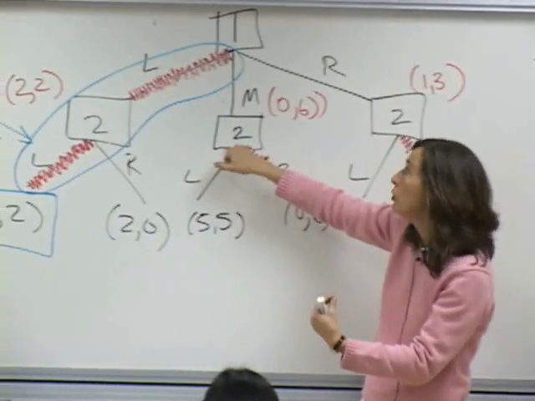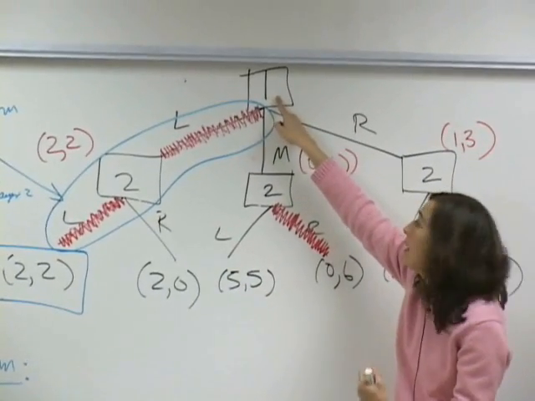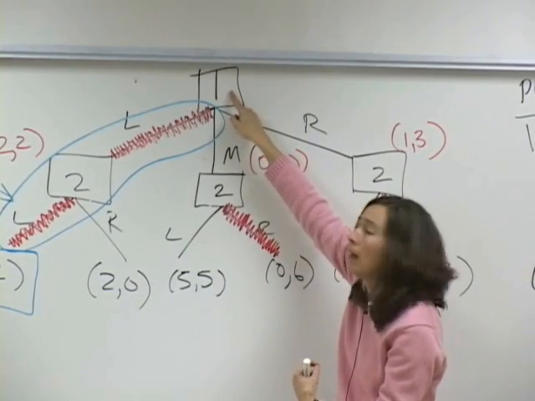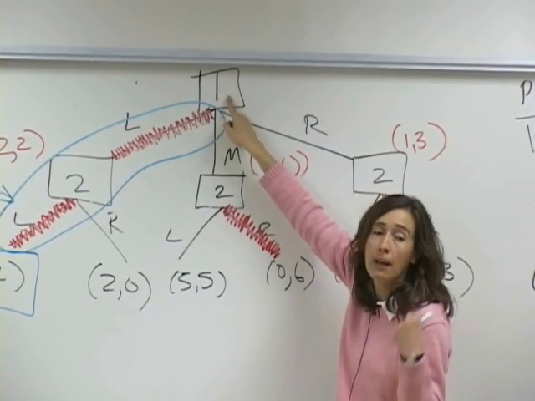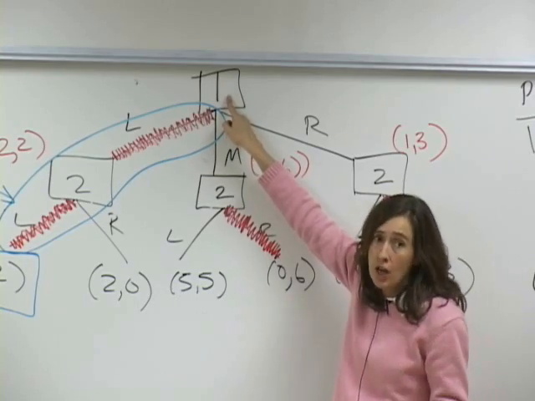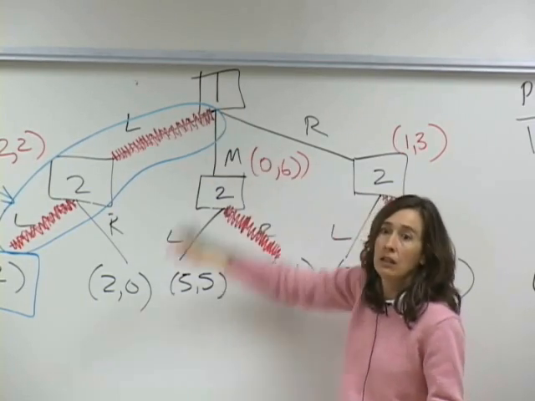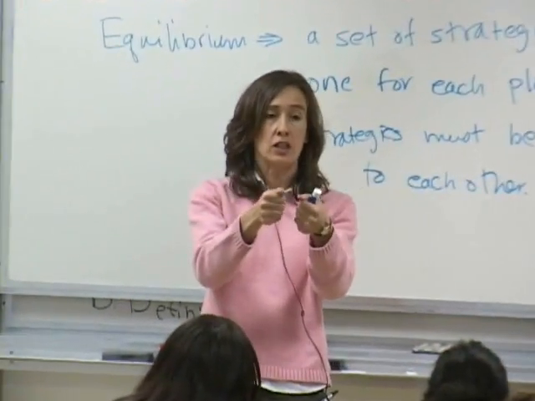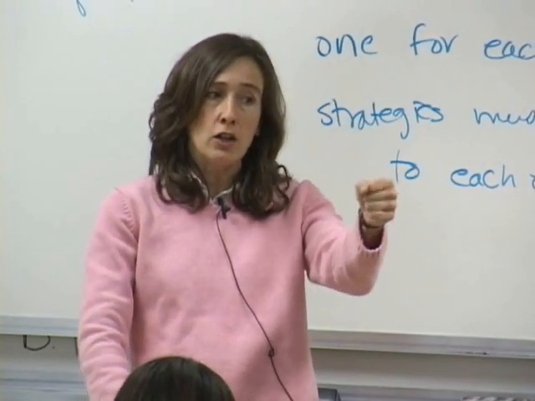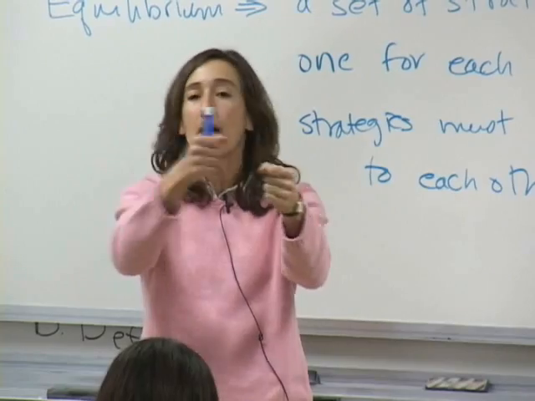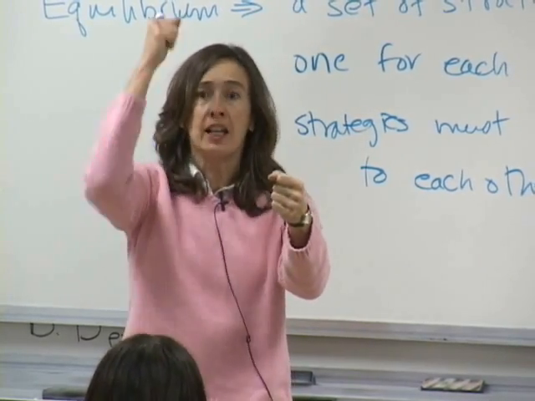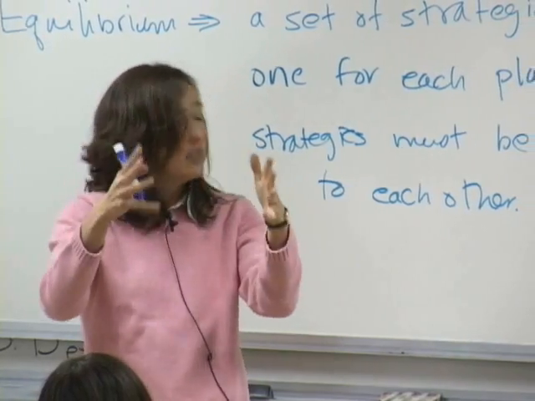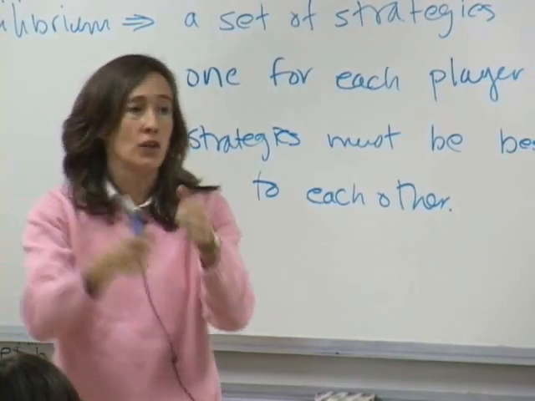Given player two's strategy, player one's equilibrium strategy has to be a best response. Player one can't get a better payoff for herself by doing anything different than her equilibrium strategy. That's what it means for the strategies to be in equilibrium. Given what you're doing, I can't do better by making a different choice. Given what I'm doing, you can't do better by making a different choice. The strategies are reinforcing each other.